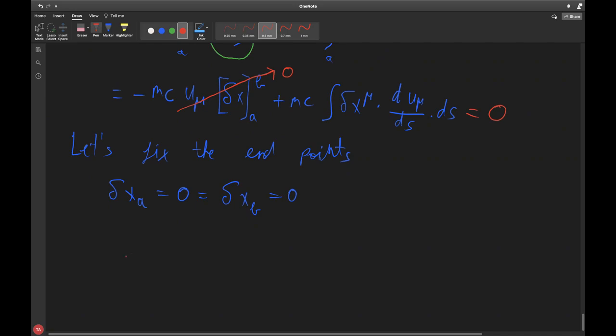So all this means that delta S is the same as, keeping only the part that is left, the integral of delta x mu, du mu divided by ds and multiplied by ds. That's the same as 0.